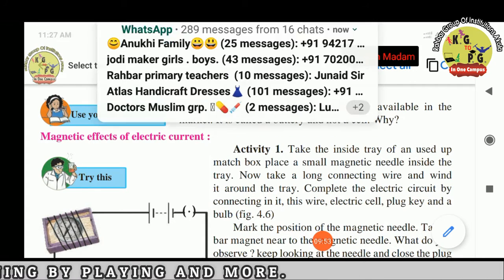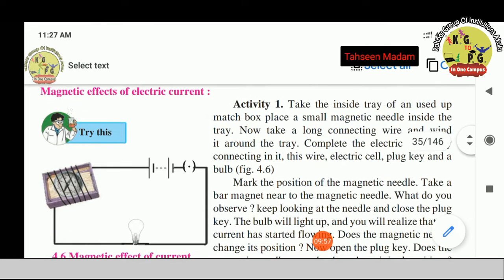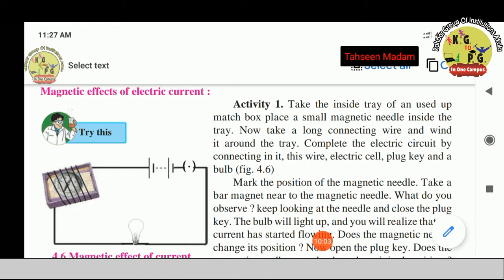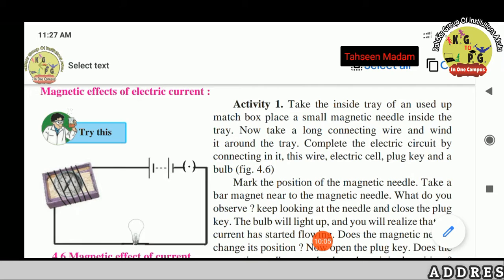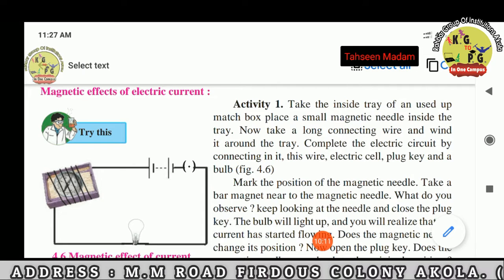Magnetic field of electric currents. Now here is the activity for you. Take the inside tray of a used matchbox, place a small magnetic needle inside the tray. Now take a long connecting wire and wind it around the tray.